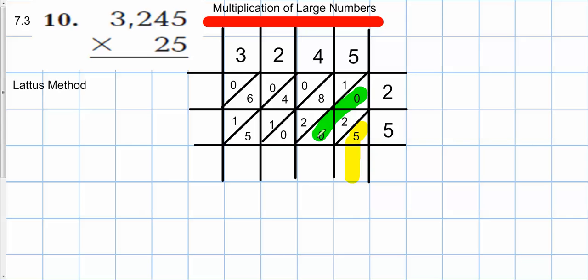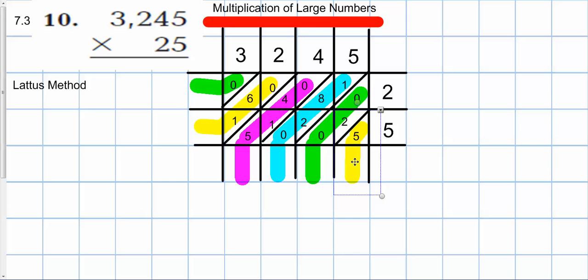So I'm going to add down each diagonal, and then my answer is going to go in that highlighted box of the same color. Okay. So there's my work right there.